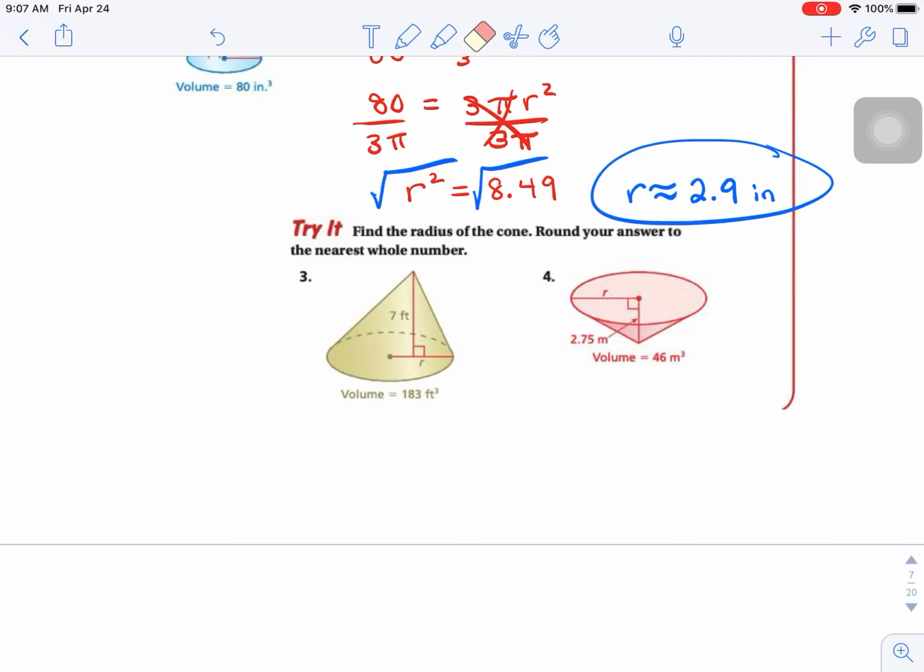Same idea for these bottom ones. So I get volume equals 1/3 pi r squared times the height. 1/3 of 7, so I get 183 equals 7/3 times pi, which ends up being about 7.33 r squared.